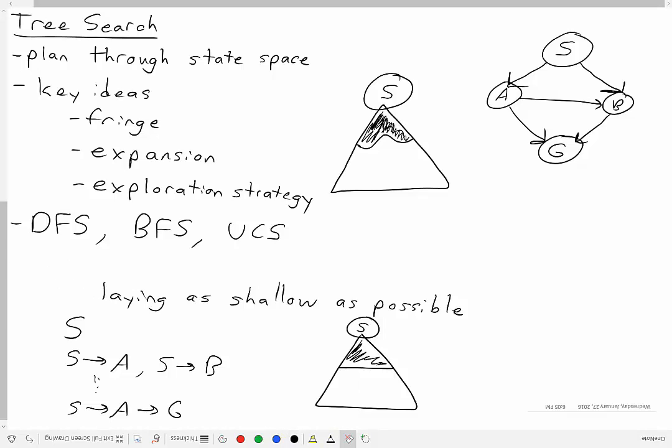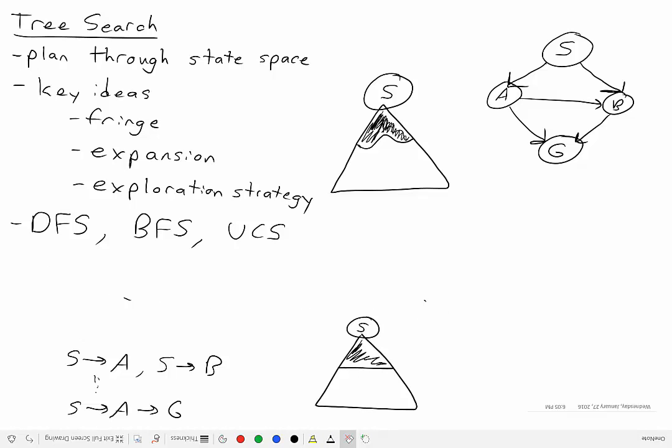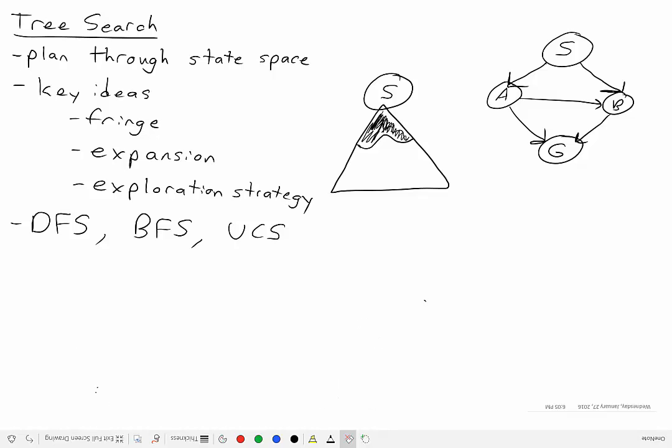Okay, now we'll move on to uniform cost search. UCS, at a high level, is stay as low cost as possible. Now, what do I mean by low cost? I've never mentioned cost before. Well, when you're doing UCS, the edges must have costs associated with them.